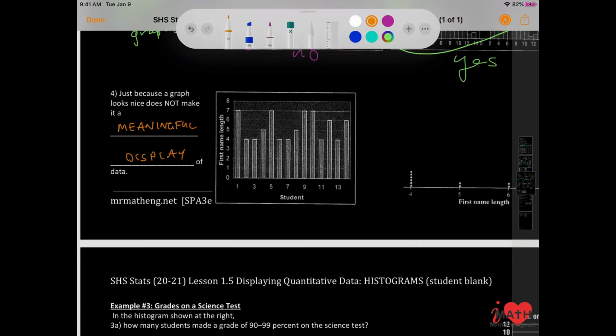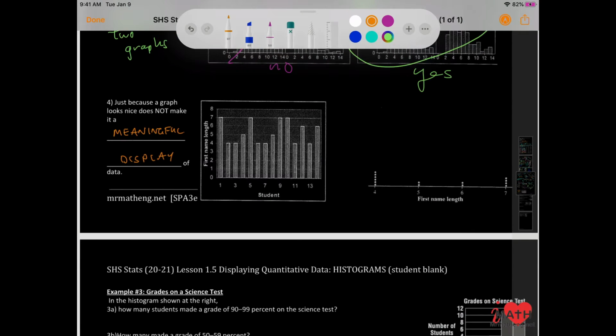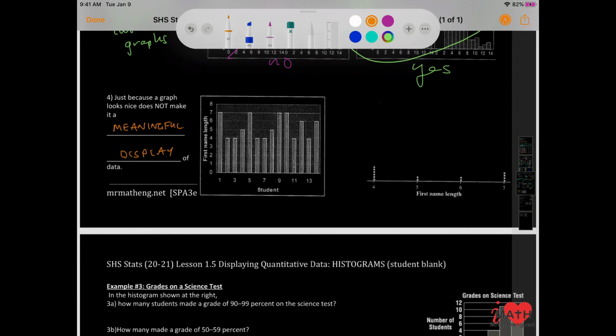So I have two nice looking graphs here, and you're asking which one looks better. Okay. The left one, is it a bar graph or a histogram?